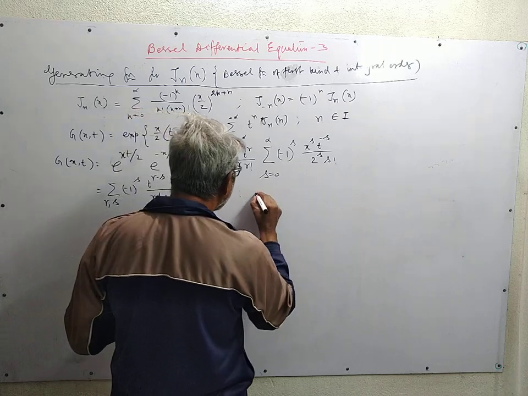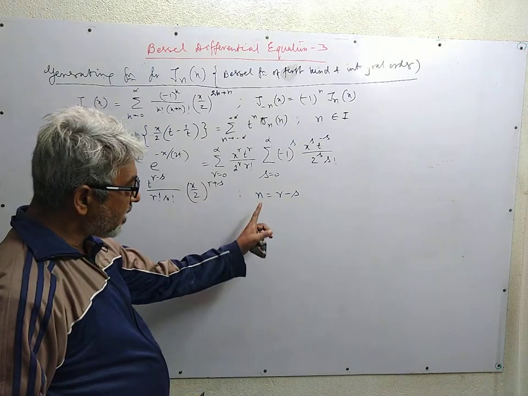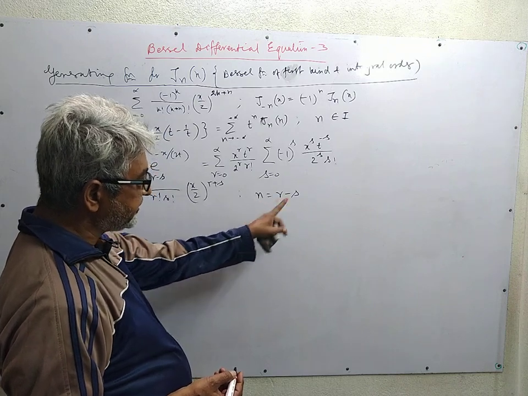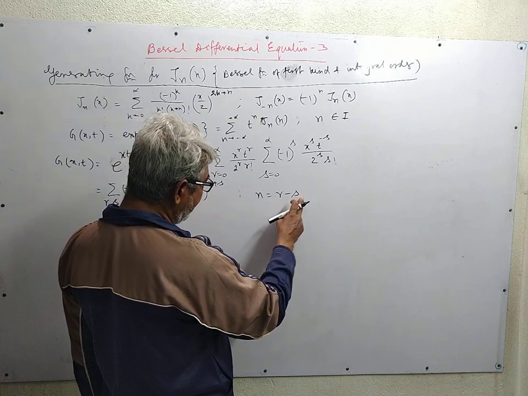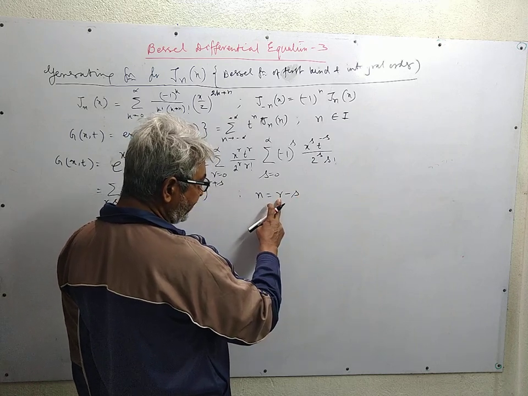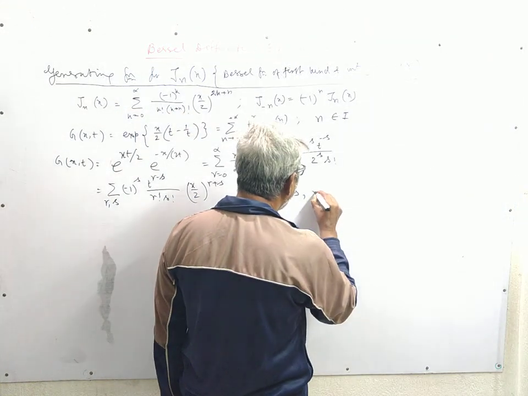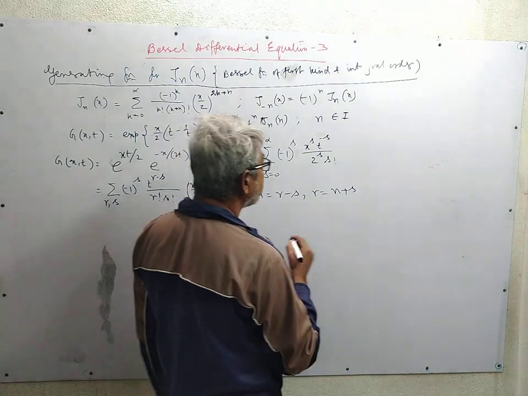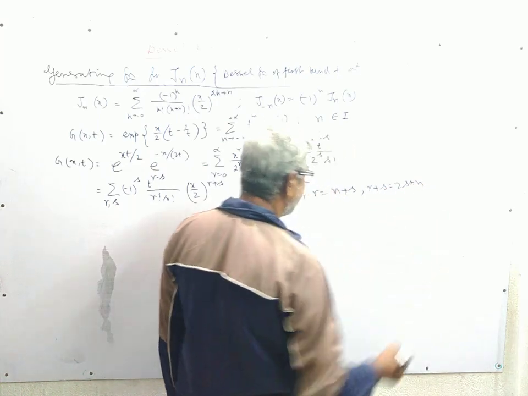We introduce n is equal to r minus s, so that if we perform a sum over n, then the sum ranges from minus infinity to plus infinity, because for a finite r, as s goes to infinity, n goes to minus infinity, and for a finite s, when r tends to infinity, n tends to plus infinity. And we want to replace r, so r is equal to n plus s, and there is a factor r plus s, so r plus s is equal to twice s plus n.